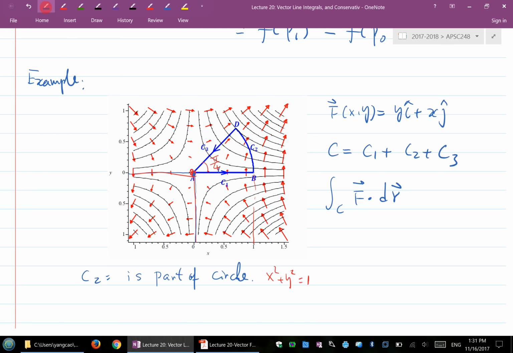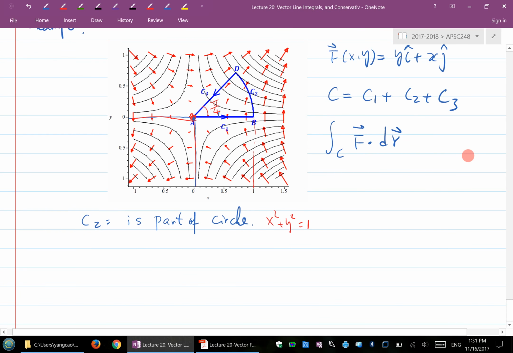Now, if the question is just like that, then what are you going to do with this line integral? A very natural approach is, because C has C1, C2, C3, I'm going to do 3 different line integrals, right?